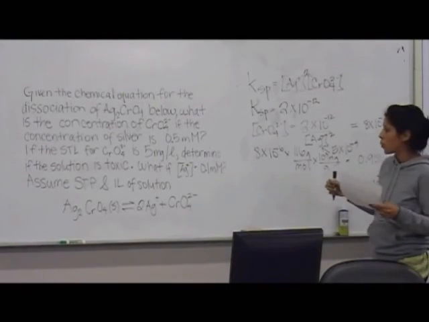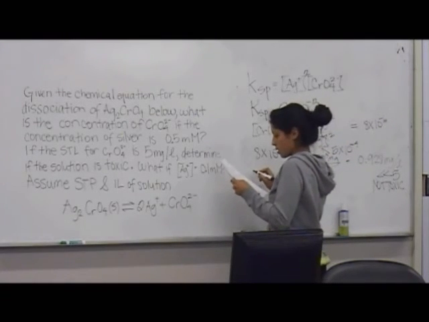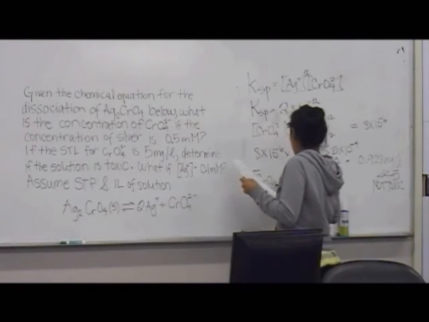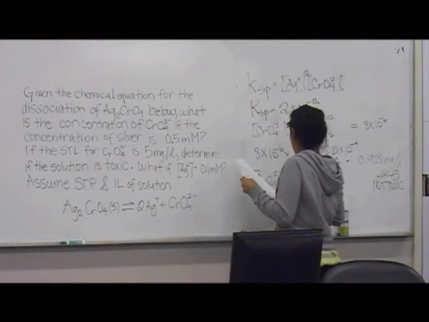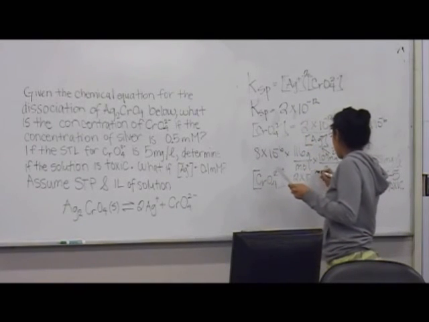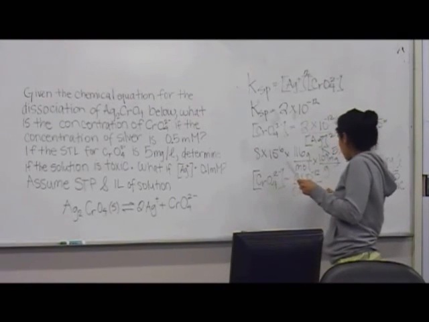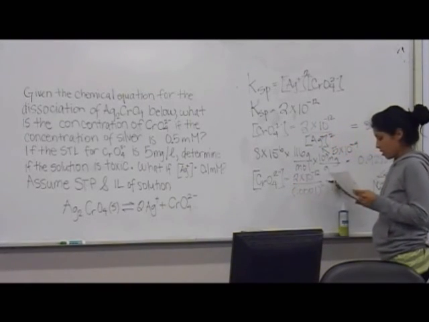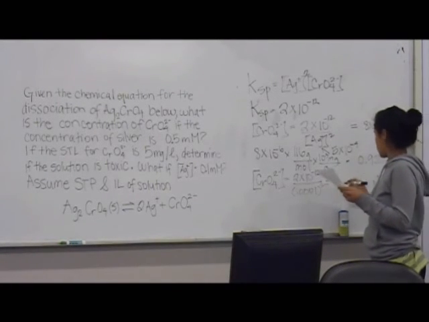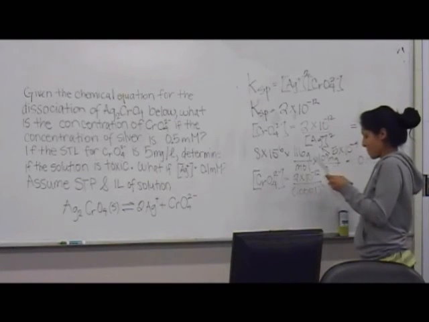Now to check if the 0.1 millimoles of silver is toxic, we just redo the equation using the new concentration of silver. So our new concentration of chromate is, let's just solve for milligrams per liter.